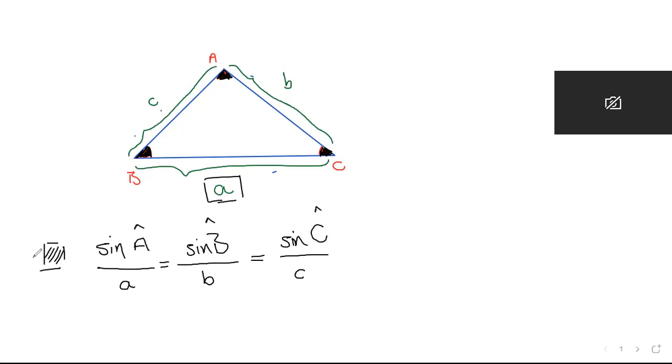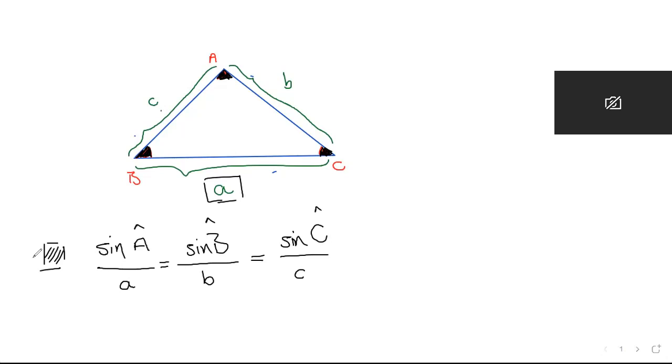And also the angle C is looking at the side AB, which is measured by c. Then we build this ratio: the sine of any angle divided by the length which it's facing, and all these ratios should be equal. That's called the sine law.